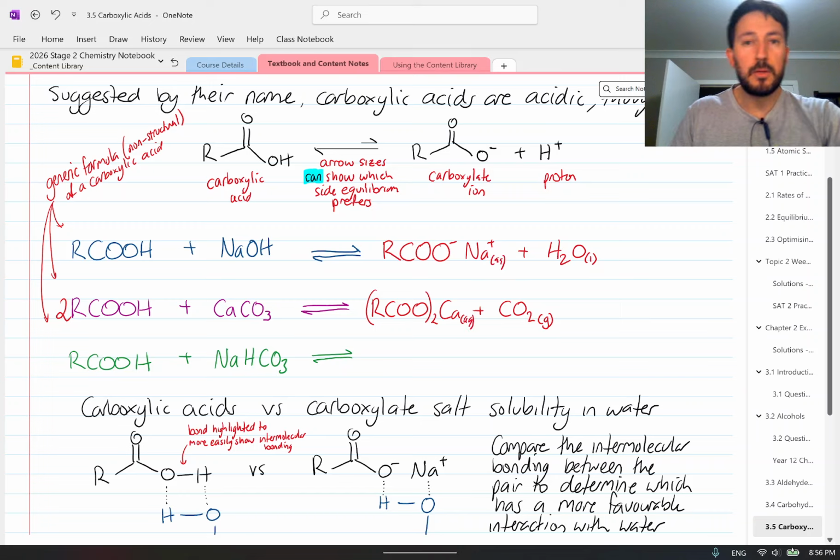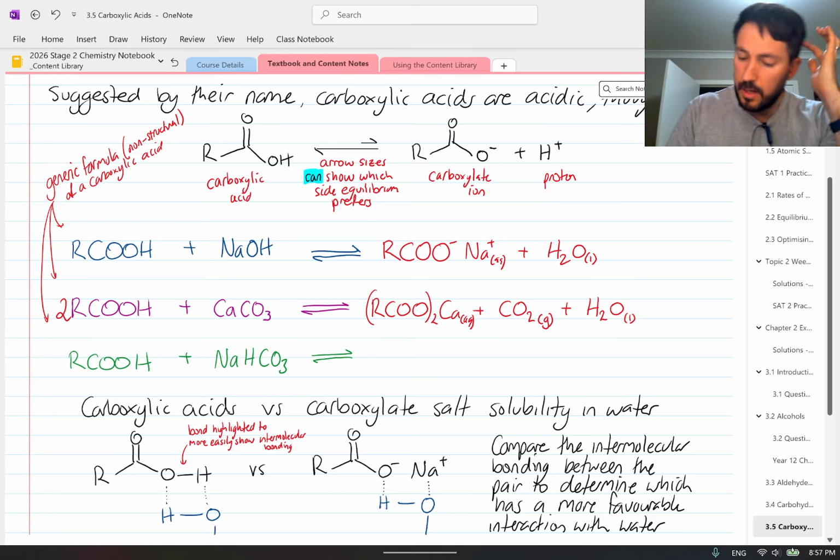It'll end up bubbling off as CO2 gas as well as water. Calcium carbonate is a base, and our carboxylic acid is obviously acidic, so we will end up with our water and our salt, along with carbon dioxide because it's a carbonate. And that should account for all of our atoms.